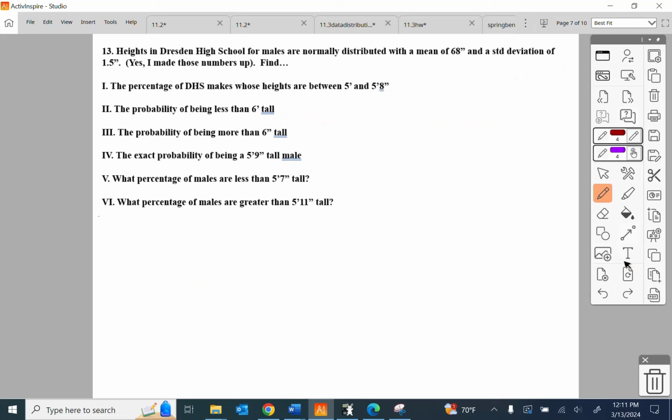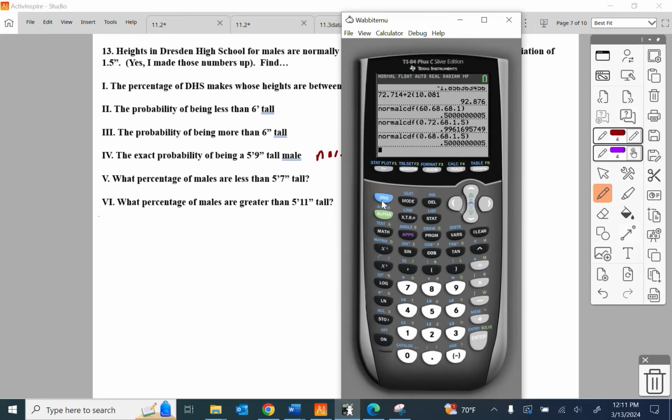The exact probability of being a 5'9" tall male. This is actually the normal PDF function. It does the exact chance of one outcome. So the exact probability of being a 5'9" tall male. So second, VARS, normal PDF.